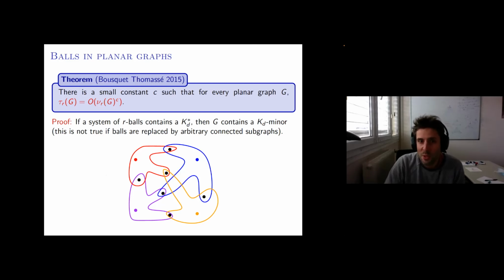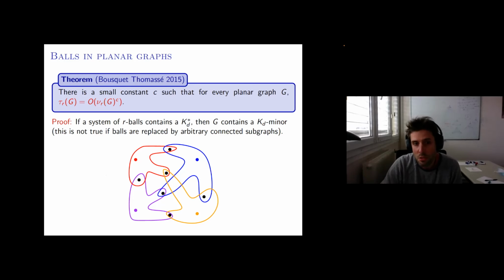And using the fact that these are balls and not just any set, you can actually prove that if you have such a thing in your ball hypergraph, or in your system of balls, then you have K_d as a minor.